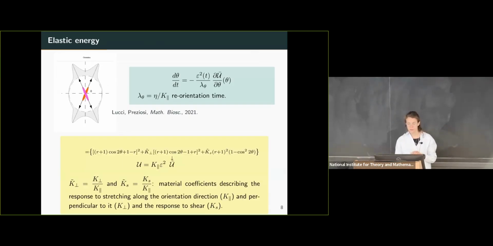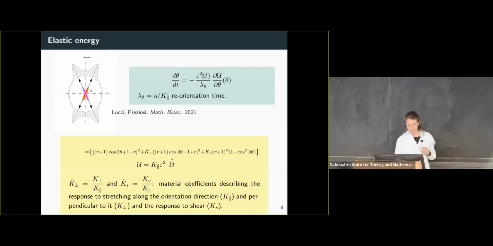Some of my colleagues started from a mechanical description of this system. They wanted to write a very accurate elastic energy, and arguing on mechanical grounds, they managed to model the evolution of the orientation of the cell in this way.